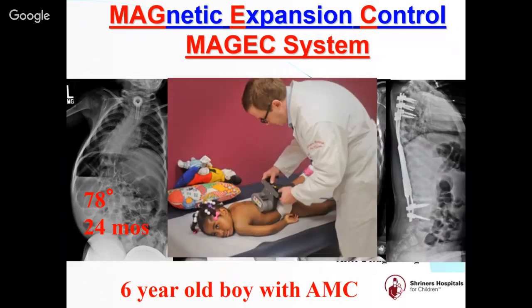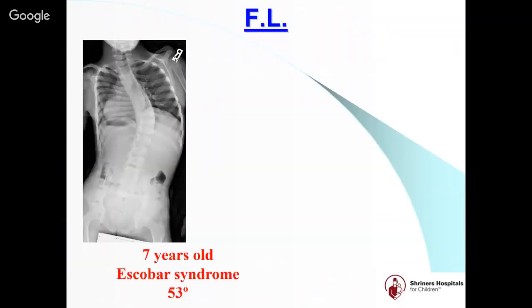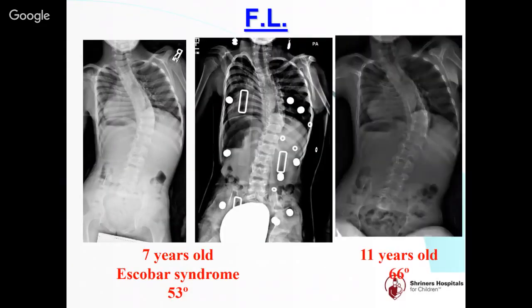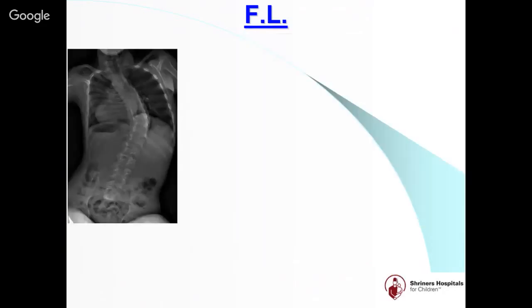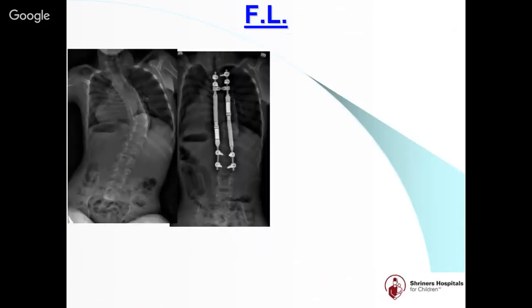So that's what the external magnet looks like, this device over here. We can do this right in the clinic. It's pretty comfortable. So you have this young lady here. Here she was bracing. She had a slow progression and I said, okay, you have to do something about it. So we got her MAGEC rods in here. So here that's that little internal magnet here.